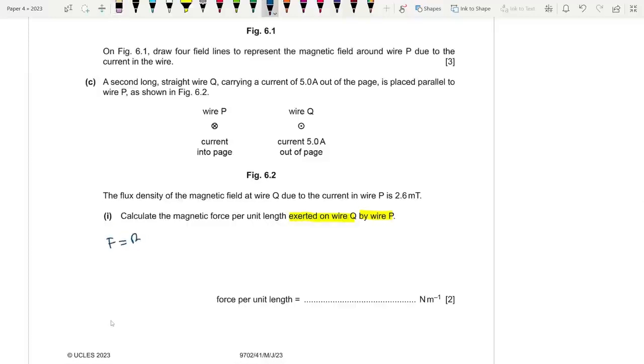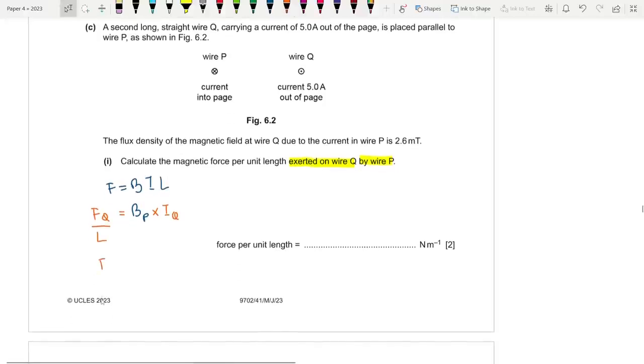We know that F is equal to BIL. Now we want to find FQ. FQ is equal to the B of P, but I of Q, times length, but it's force per unit length, so I'm just moving L to the left side. Now what will the force per unit length actually be then?